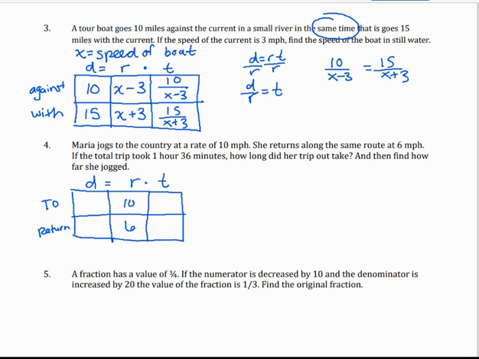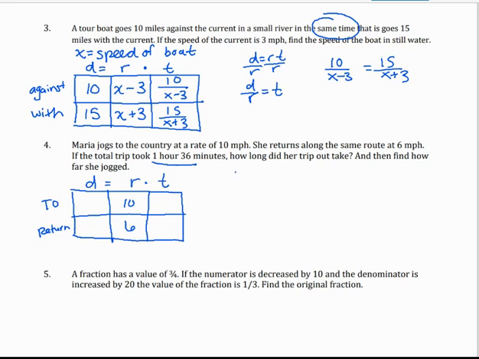So if we know altogether her trip took 1 hour and 36 minutes, we have multiple ways to do this, okay? What's important to remember here, though, is that the 10 and the 6 are in terms of miles per hour. And 1 hour and 36 minutes is not just in terms of hours. So if you're going to keep 10 and 6, we need to convert 1 hour and 36 minutes to hours.